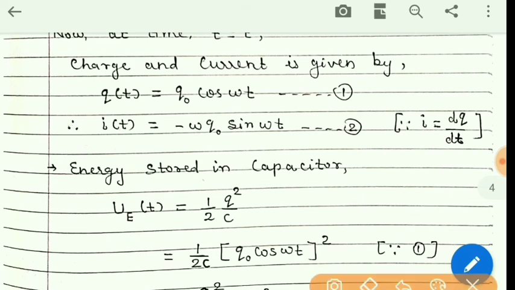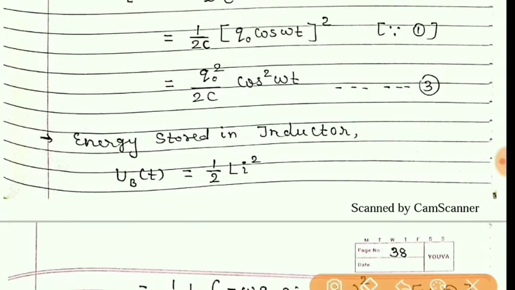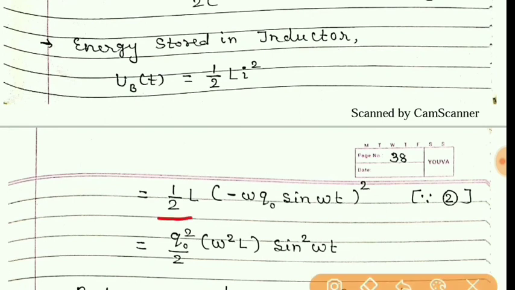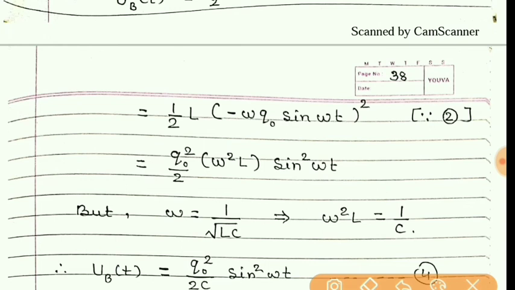So now using this value of i from equation number 2 here, we get half of L as it is, and equation of i from 2, it is this. Now simplification. We know that here there is a square, and square of minus will be plus, so the negative sign will not be there in the next step.